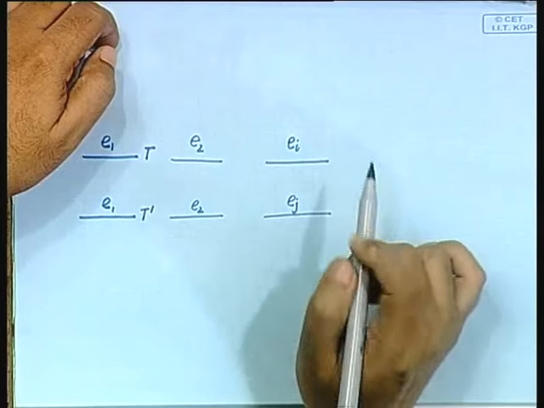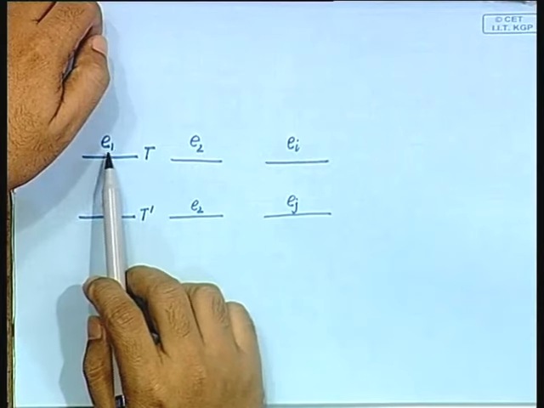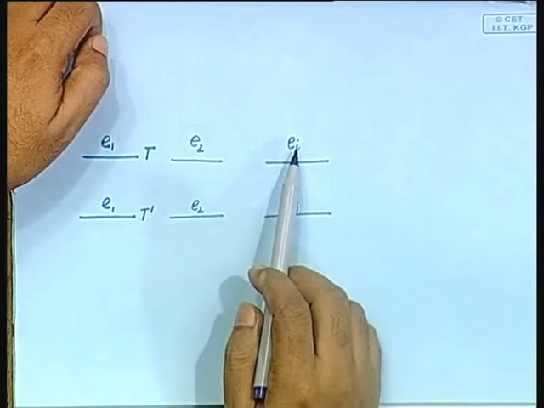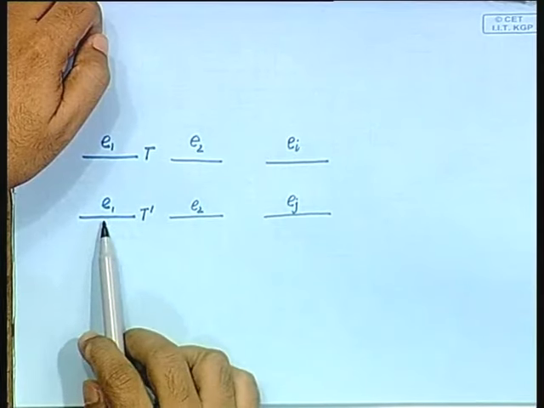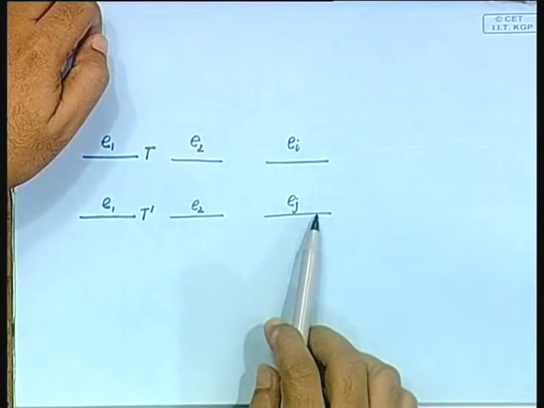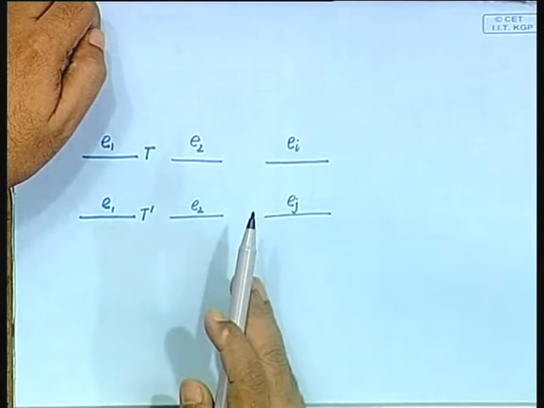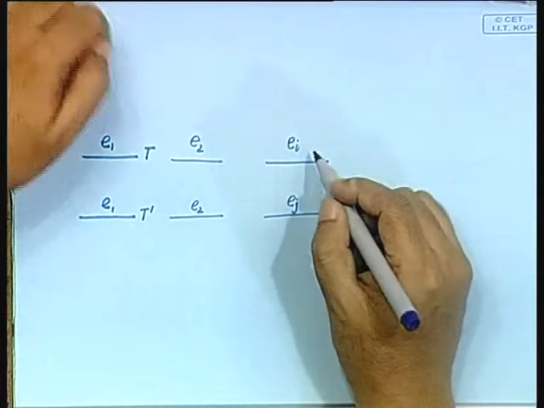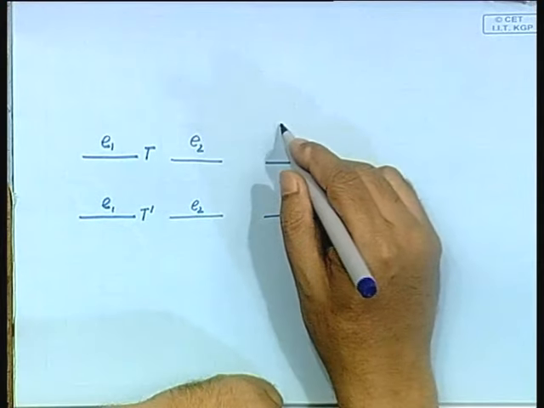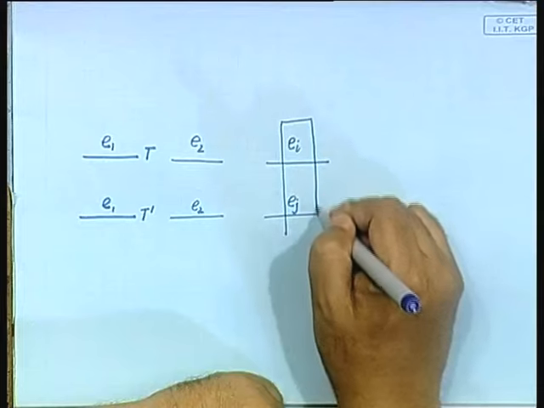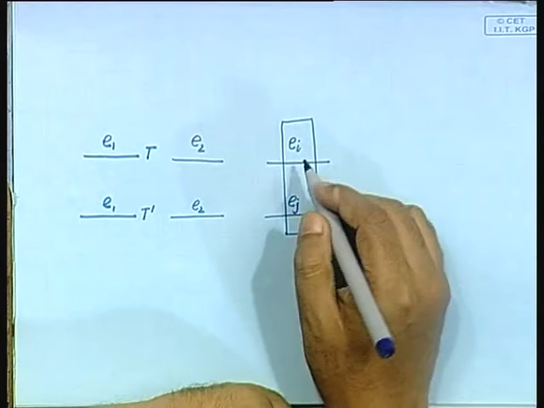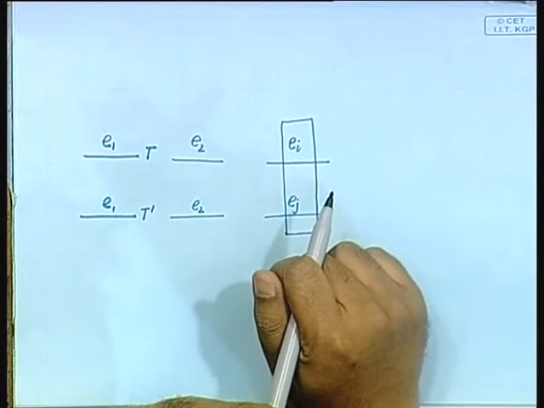Okay. What have I done? I have sequenced the edges of T in ascending order of weight, I have sequenced the edges of T dash in ascending order of weight, and I am comparing the two sequences, and I have found that this is the first place where the edge in T and the edge in T dash are different. Okay.